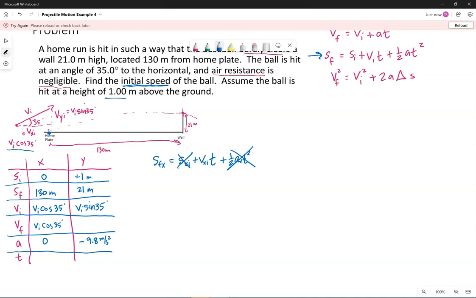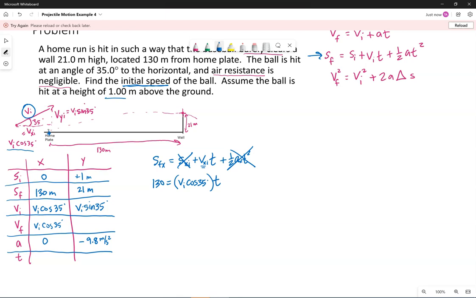The origin I've chosen is making the initial position for x 0. We do know this final x position is 130 meters. I'm going to go ahead and put that in. I don't know the value of Vx initial, but I know I can calculate it if I happened to know V initial, meaning the initial speed the ball was hit at. That times the cosine of 35 would give me that Vx initial. And then, of course, I need to know time. How long was this ball traveling from when it was hit to when it got to the wall?